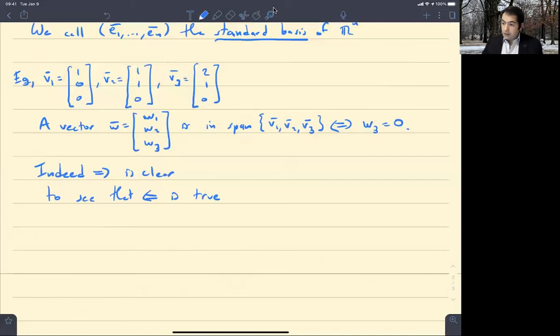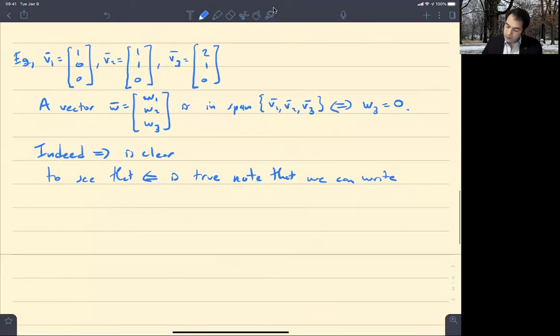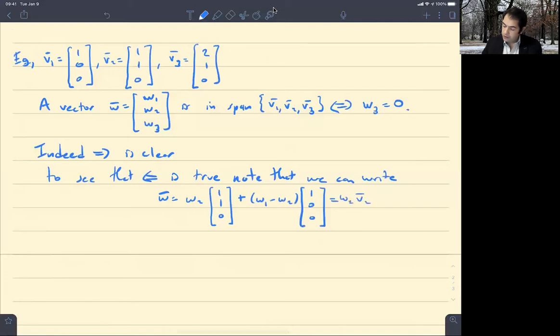But to see that this is true, note that we can write this arbitrary w = (w1, w2, w3), with w3 equal to 0, as w2 times (1, 1, 0) plus (w1 minus w2) times (1, 0, 0). That is to say, this is w2 v2 plus (w1 minus w2) v1.